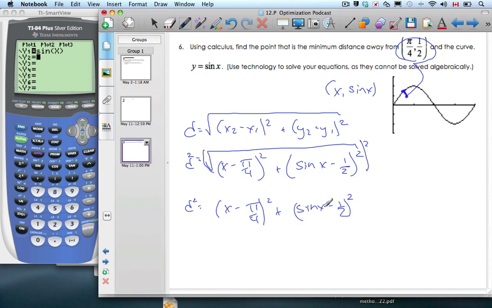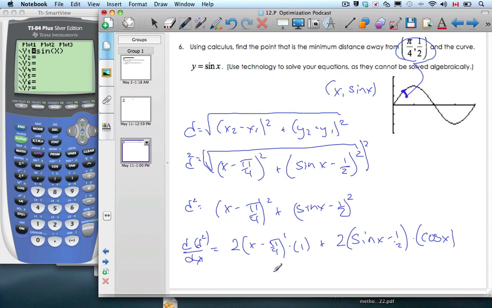This one is squared, so I'm now going to take the derivative of it. The derivative of d squared with respect to x: I have to do chain rule. So 2 times (x minus pi/4) to the power 1 times 1, plus 2 times (sine x minus 1/2) times the inside derivative, which is simply cosine x.